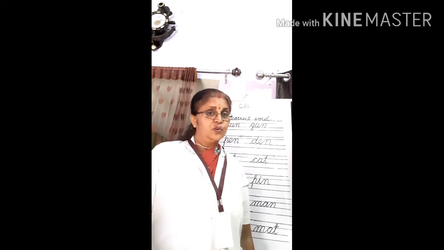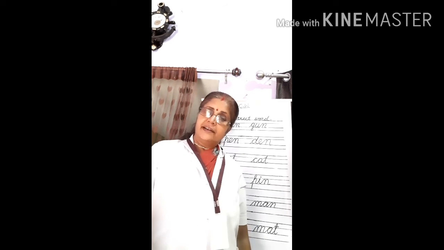In the previous class, I have taught you 3-letter words and I have shown you some pictures related with 3-letter words. Okay, and I hope all of you have learned that one very nicely. So in this class, I will show you some pictures.